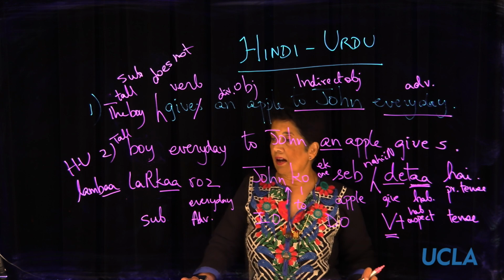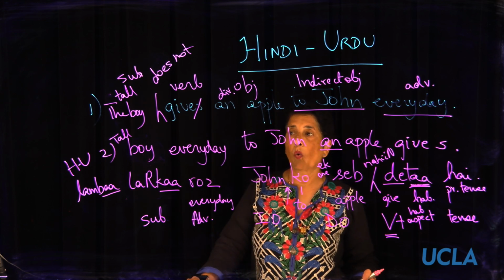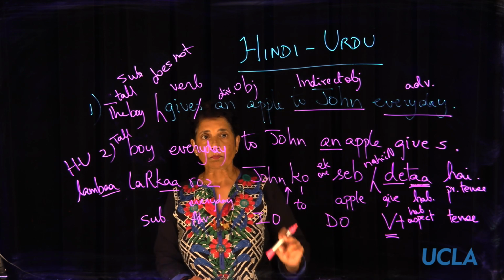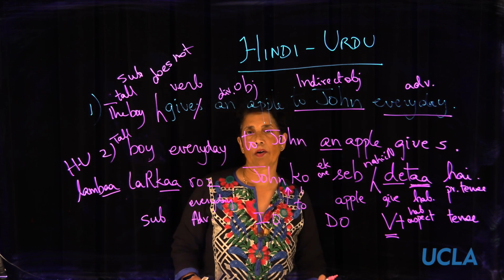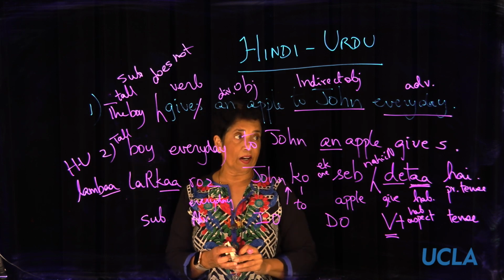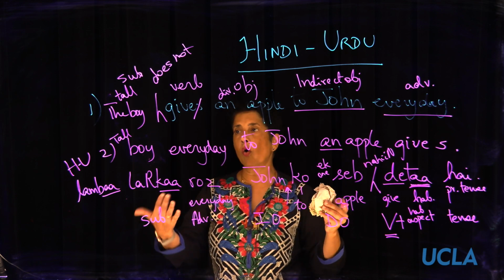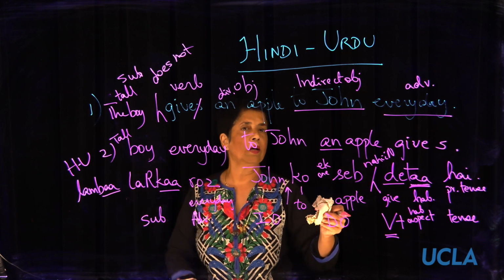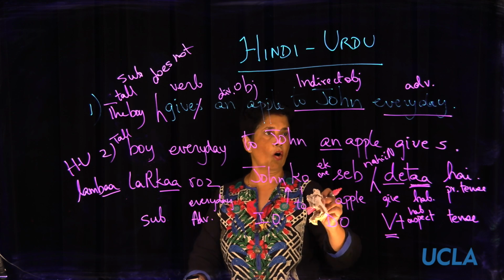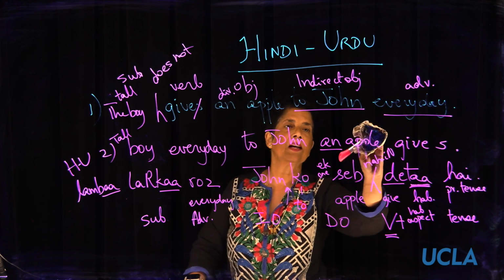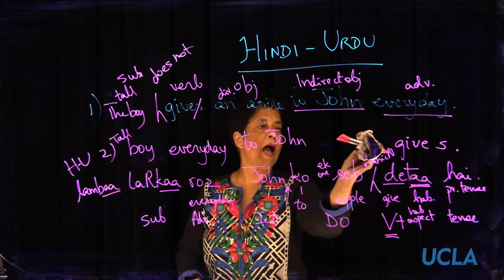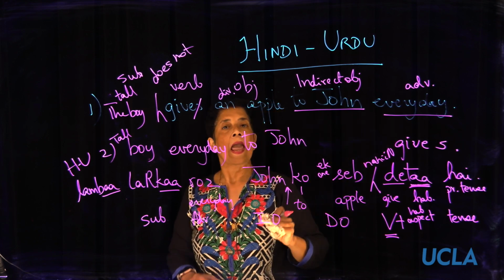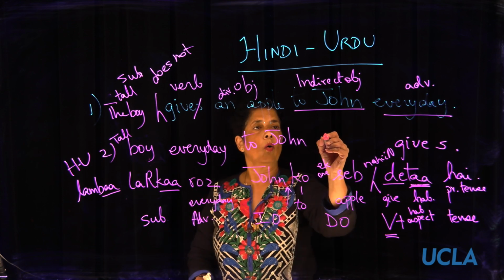Okay, and the last point that I wanted to mention is that if we had a question word, then, for example, we don't know what the tall boy gives to John, then in English, we'll remove apple and we'll put in the word what.